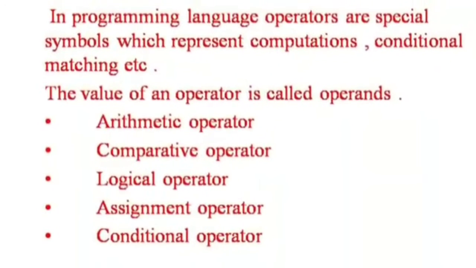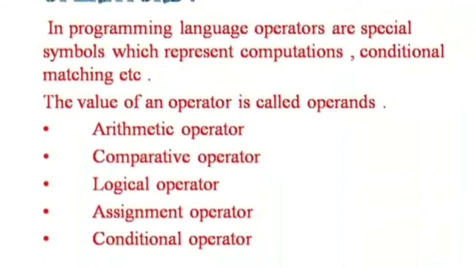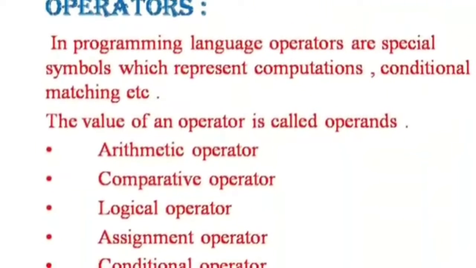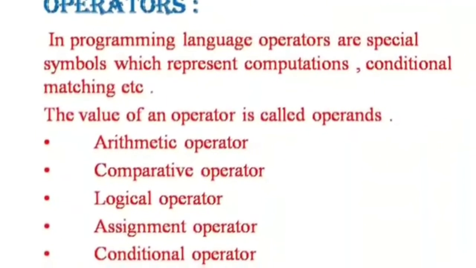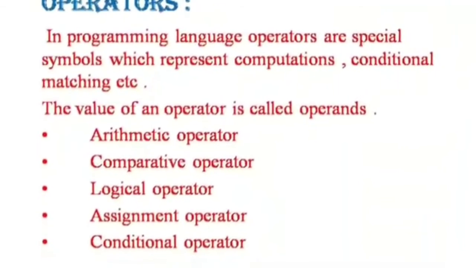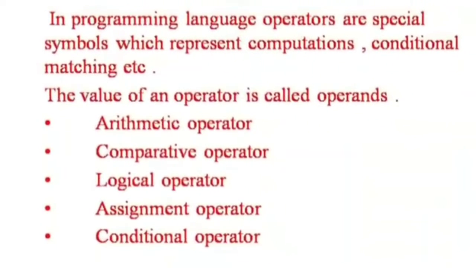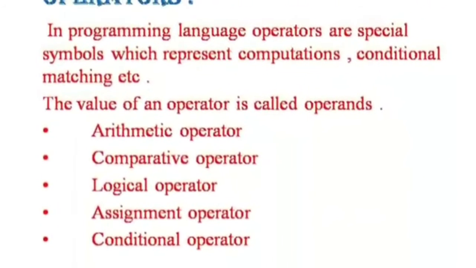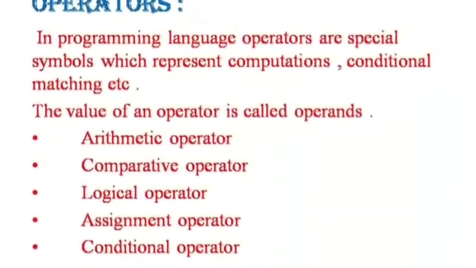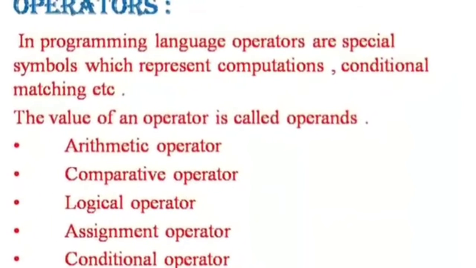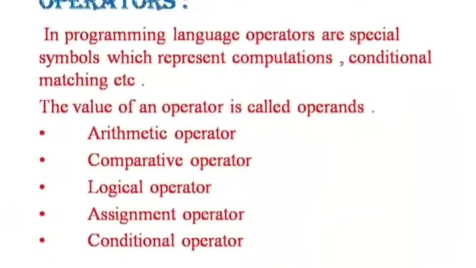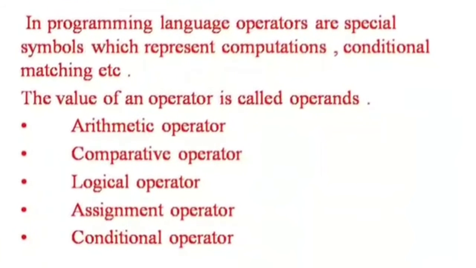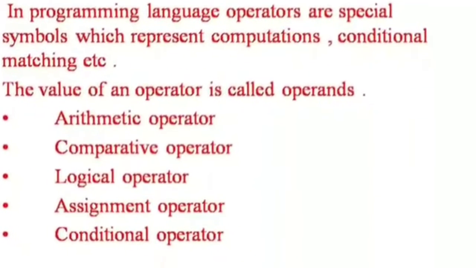The operators are special symbols which represent computing, conditional matching, etc. The types are arithmetic operator, comparative operator, logical operator, assignment operator and conditional operator. The value of an operator is called an operand.